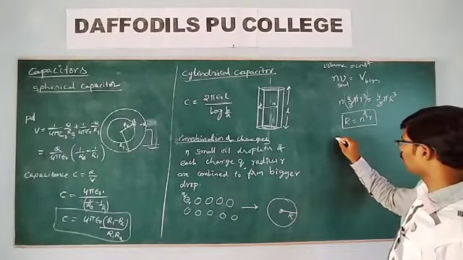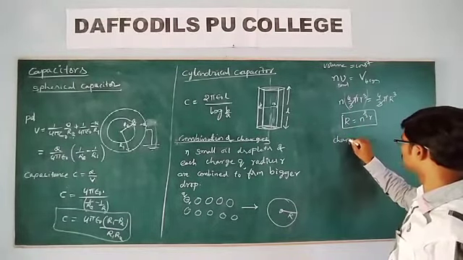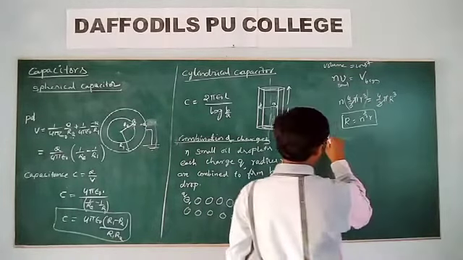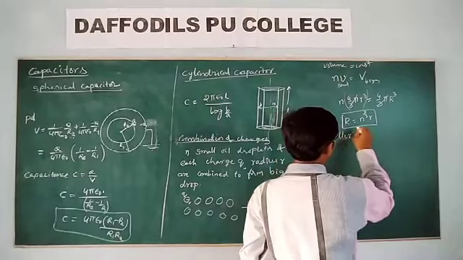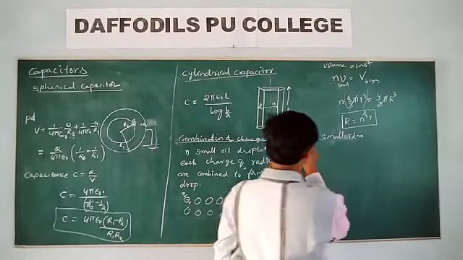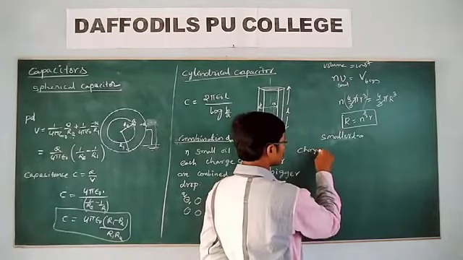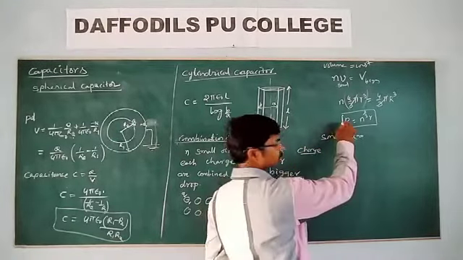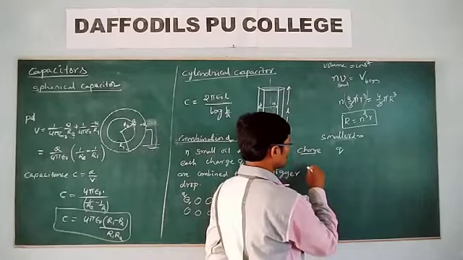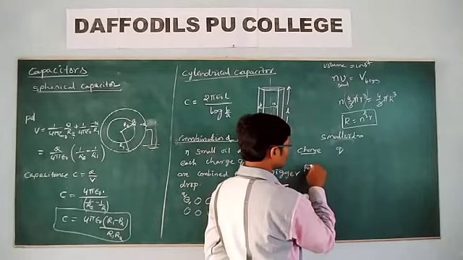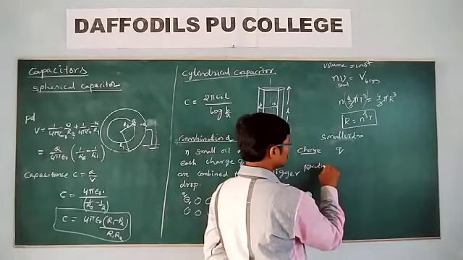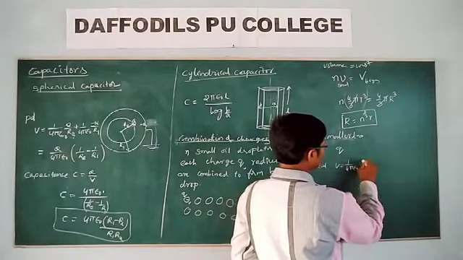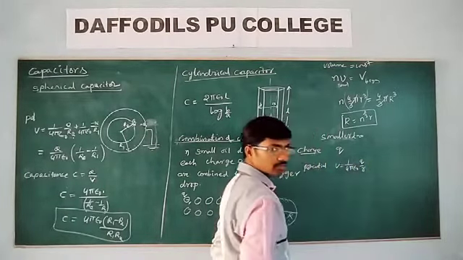Now tell me, what is the charge? Charge for the smaller drop, let me write here, smaller drop: the charge is q. The radius of the bigger drop, the charge is q here. Then what is the potential? V is equal to 1 by 4 pi epsilon naught q by r.